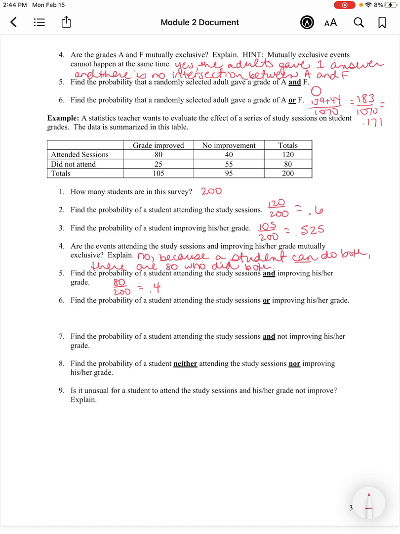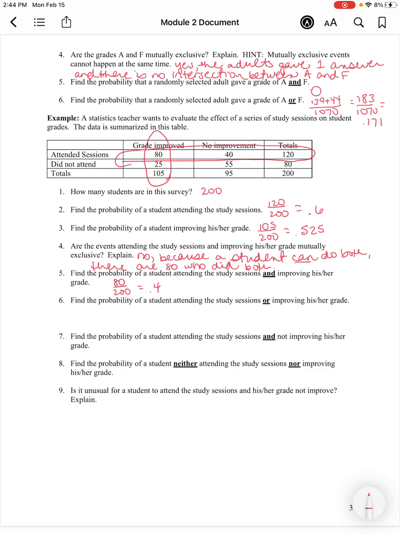The probability of a student attending the study sessions or improving his or her grade. So this is attended the study sessions. That's improved the grade.